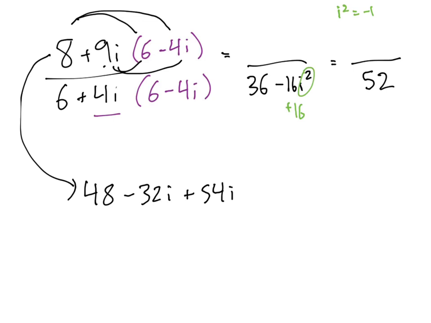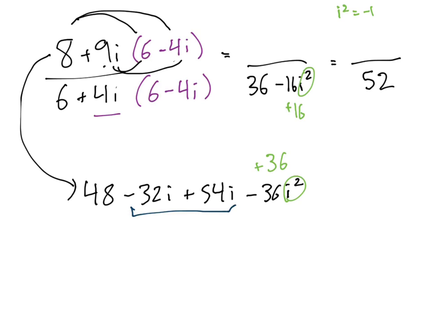And 9i times negative 4i is negative 36i squared. Once again, we'll use the property that i squared is negative 1, so negative 36 times i squared is negative 36 times negative 1, and that's positive 36.